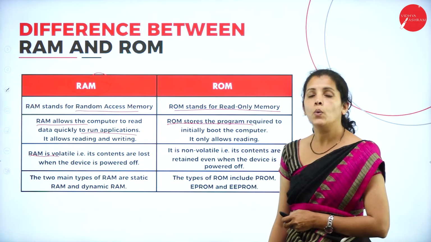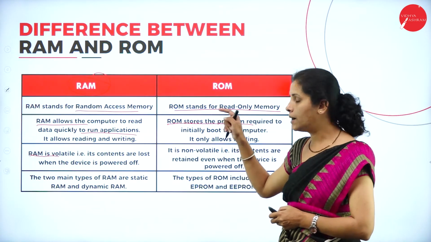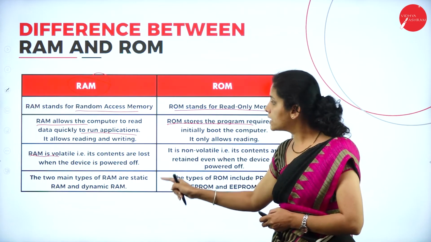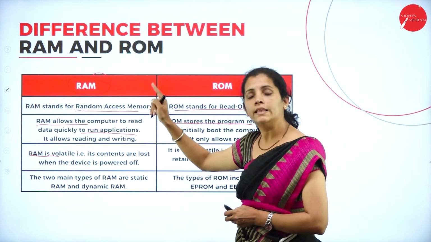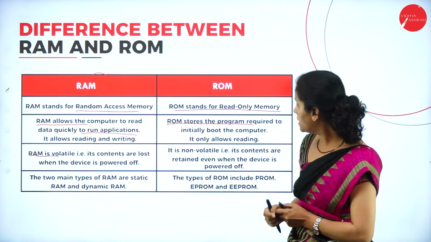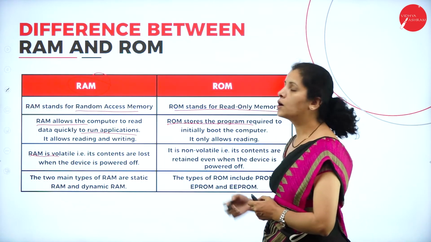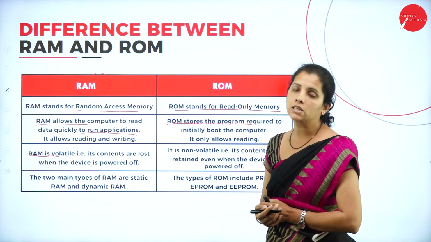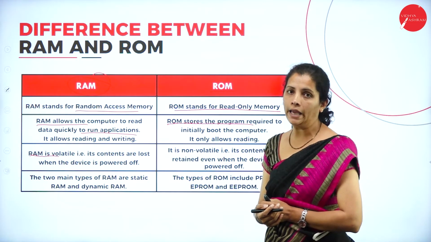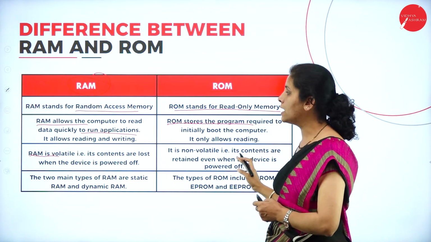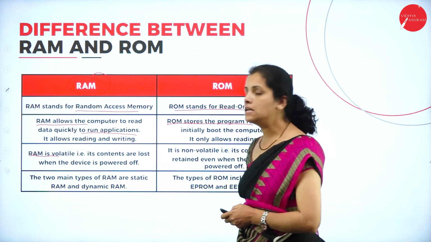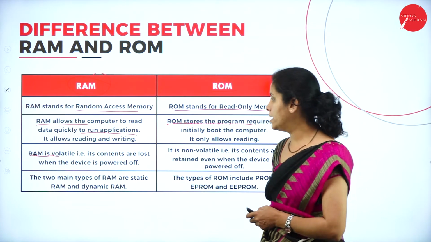Now here RAM is volatile. That means when I turn off the computer system, the content which is stored in the RAM gets erased. If I go with ROM, the contents do not get erased. For that reason, it is called non-volatile, whereas RAM is volatile memory.